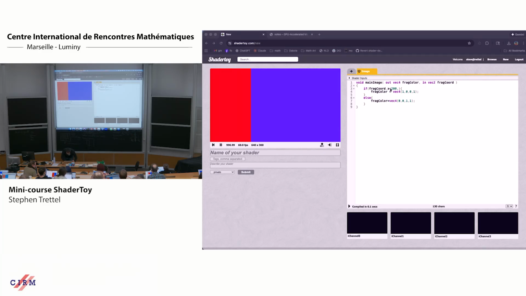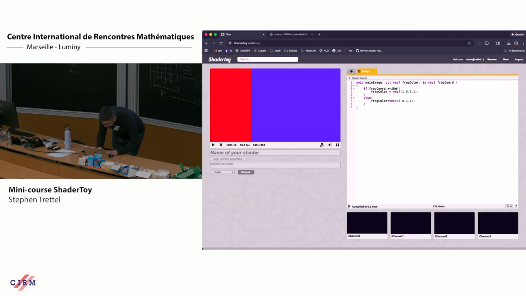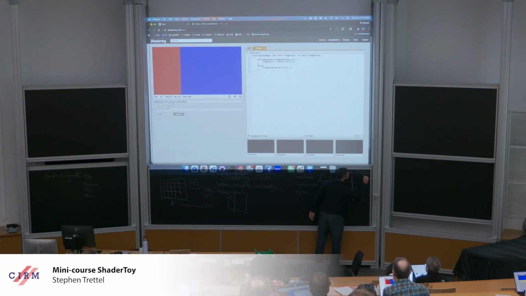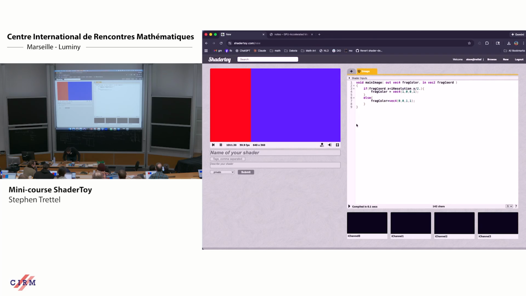So, okay, let's go change our conditional. Over 2, period. I didn't do that on the board because the board won't yell at me, but the computer will yell at me. iResolution.x over 2. There we go. Now it's halfway across the screen.